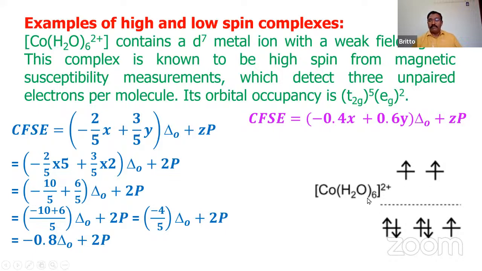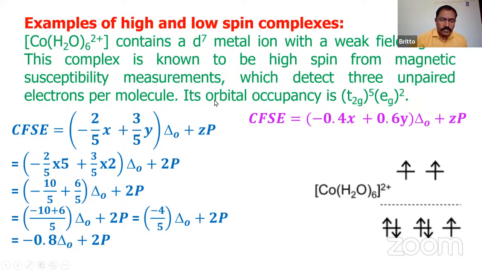You will have 2 electrons in the first T2G orbital and 2 electrons in the second T2G orbital, and then only 1 electron in the third T2G orbital, and both the EG orbitals will have 1 electron each. So the number of unpaired electrons here is 3. It is going to form a high spin complex.